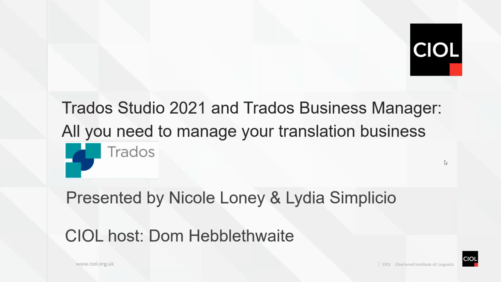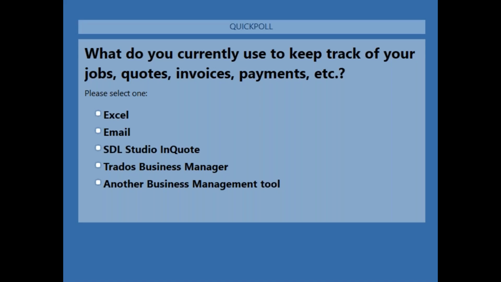The next question: what do you currently use to keep track of your jobs, quotes, invoices, payments, etc.? Good old Excel, email, Studio InQuote, Trados Business Manager, or another business management tool.